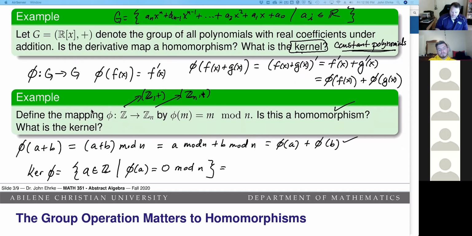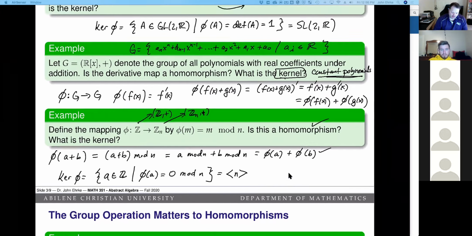Yeah, I'm talking about the cyclic subgroup generated by n. Right, so the cyclic subgroup generated by n is the set of all multiples of n in the integers. So the kernel of the mod mapping is the cyclic subgroup generated by n. And that will also be an important result to remember coming up really soon.